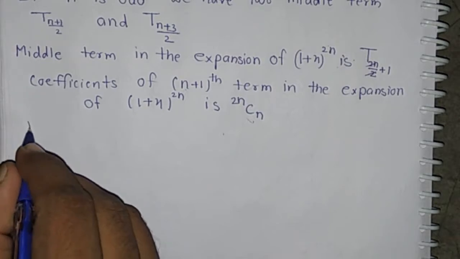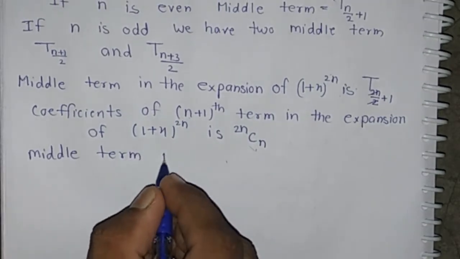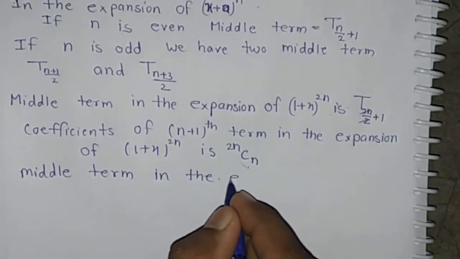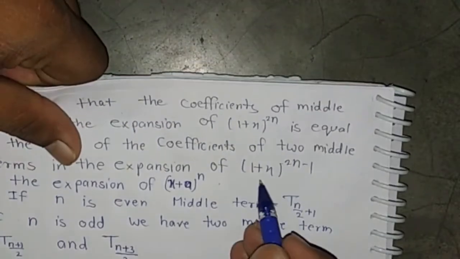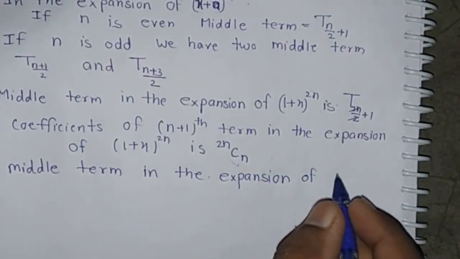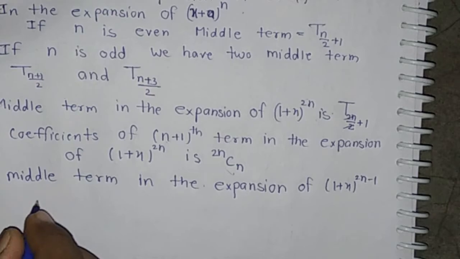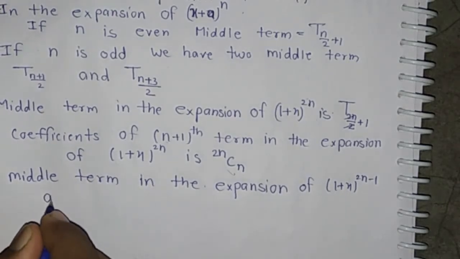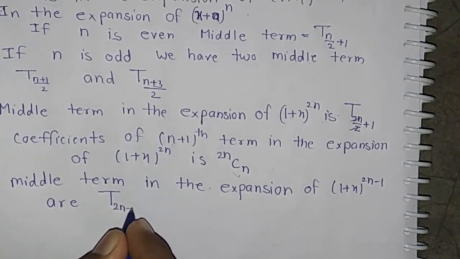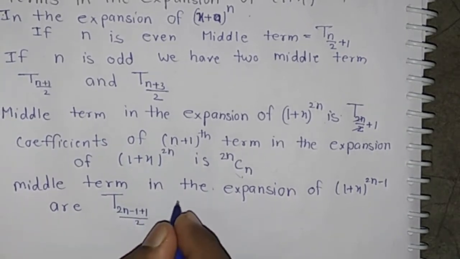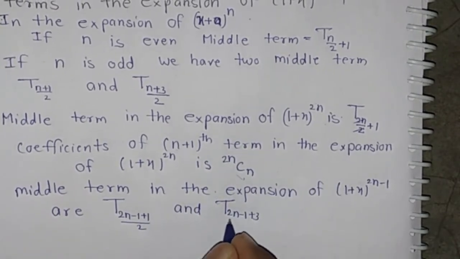Now the middle terms in the expansion of (1 + x)^(2n-1) are two, because 2n-1 is odd. The first is T((2n-1+1)/2) and the second is T((2n-1+3)/2).